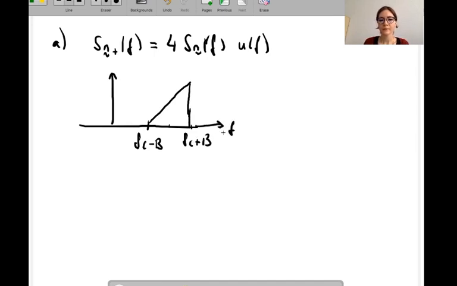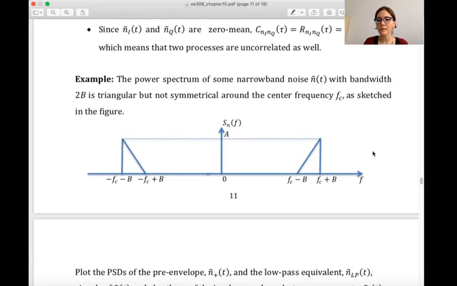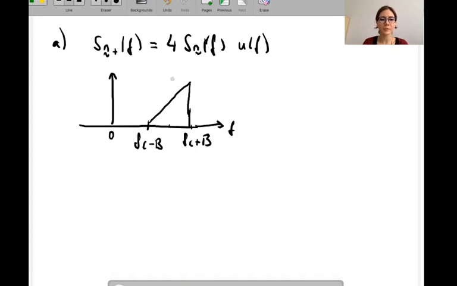So this is f, this is 0. Remember the top value, the peak value of the spectrum, is called A in the example, so this is going to be 4A. It gets amplified by 4.